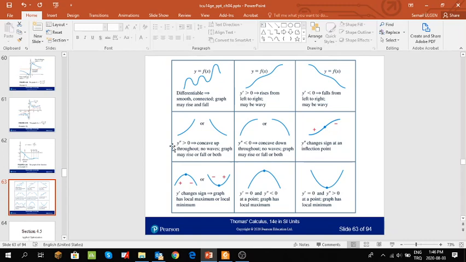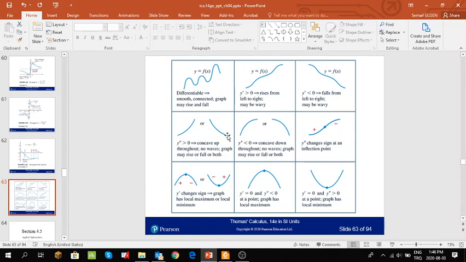And if the second derivative is positive, see, it is concave up. It doesn't matter whether the function is increasing or decreasing, but a positive second derivative means the graph is going to look like this or like this.